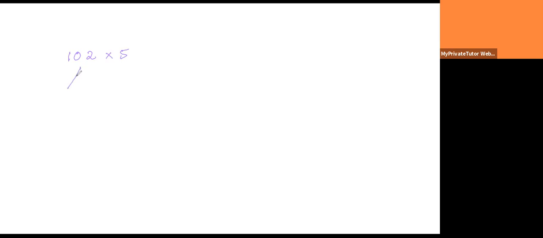Can we split this 102 as 100 plus 2, times 5? So you're going to distribute 5 now. 5 times 2, 5 times 100. What is 5 times 100? 500. What is 5 times 2? 10. So we got the answer.